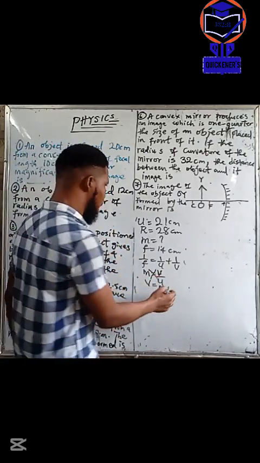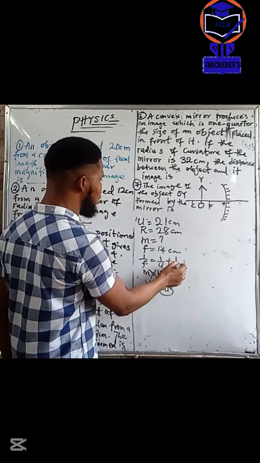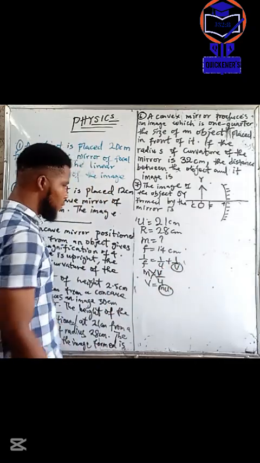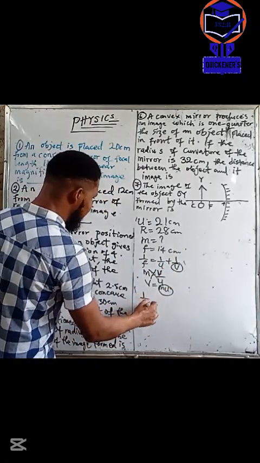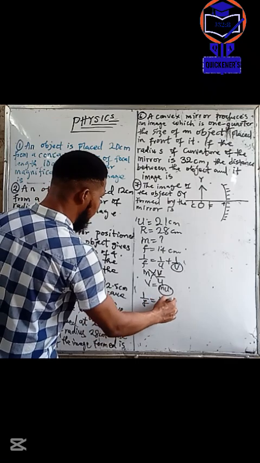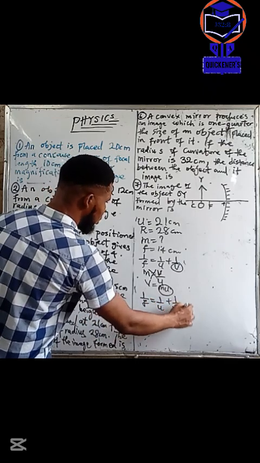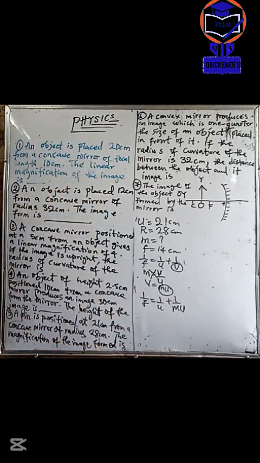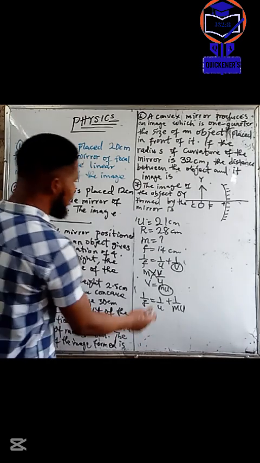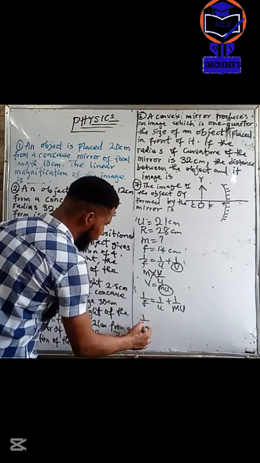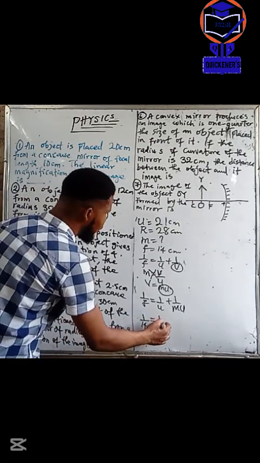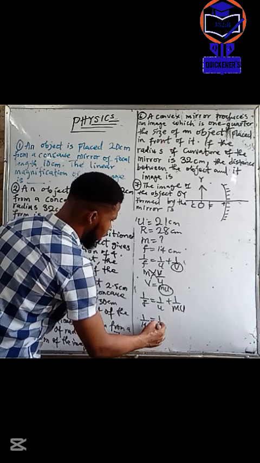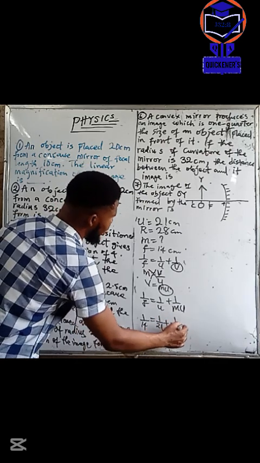So when you take your mu and slot it into this place, what would that give you? That would give us 1 over f equals 1 over u plus 1 over mu. Alright, so let's put in our values. 1 over 14 equals 1 over u, and what is u? 21, plus 1 over mu.